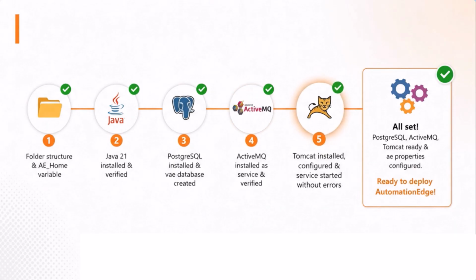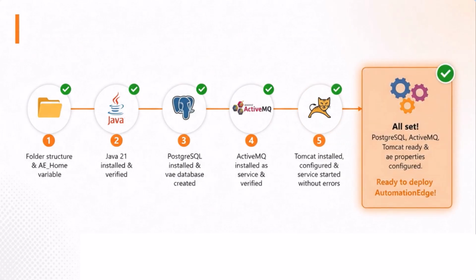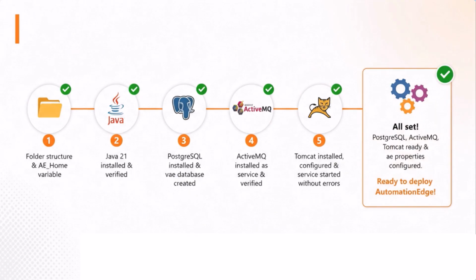And we installed Tomcat, cleaned up the default apps, configured logging, set up Catalina ops, installed it as a service with the correct Java options, and just confirmed it starts without errors. With all three services, PostgreSQL, ActiveMQ, and Tomcat, ready to go, and our ae.properties file configured, we're finally ready to deploy the AutomationEdge application itself.